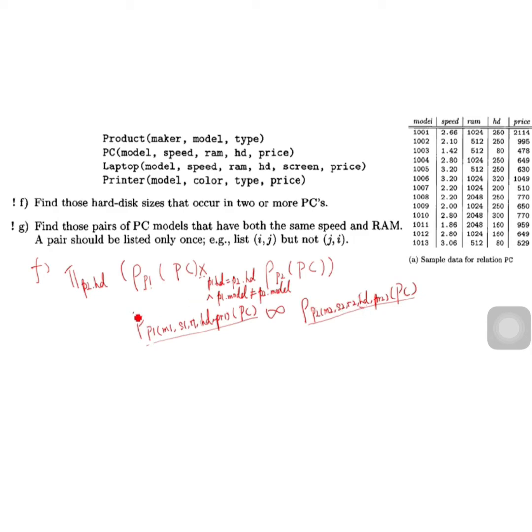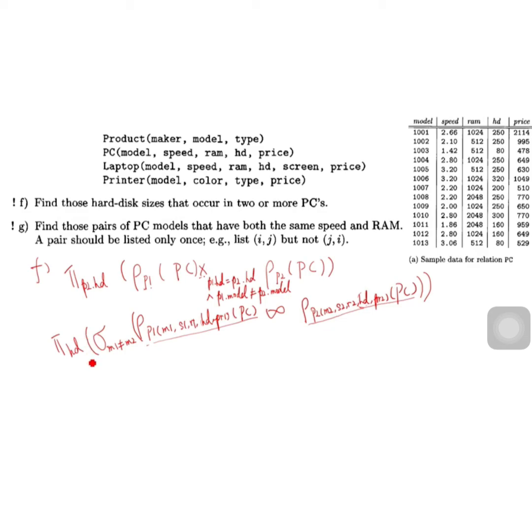And there is another condition: different model, so M1 isn't M2. Okay, if we can find this tuple, then pi HD. Okay, this is another way to answer this question. Okay, this is F.